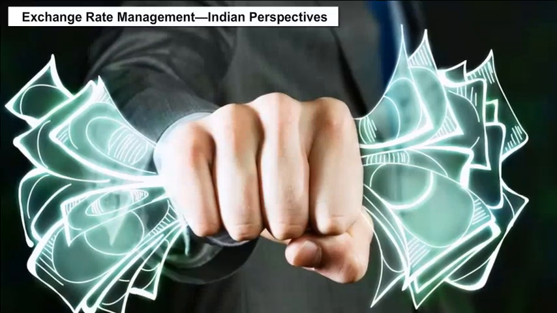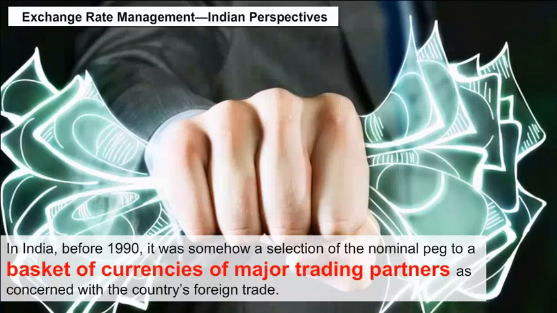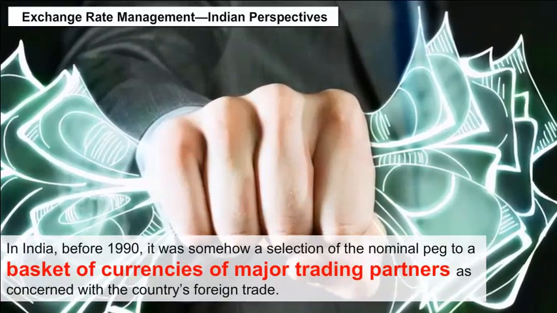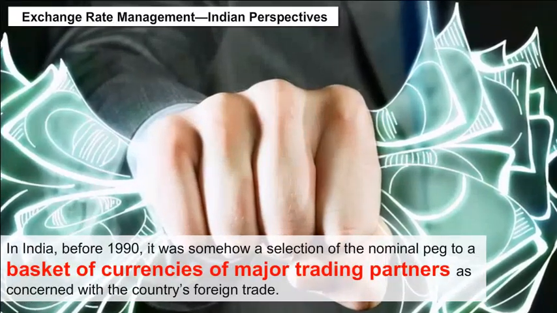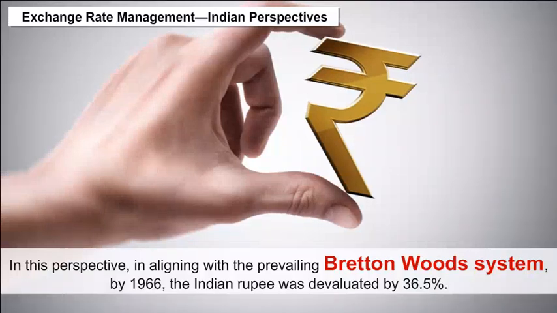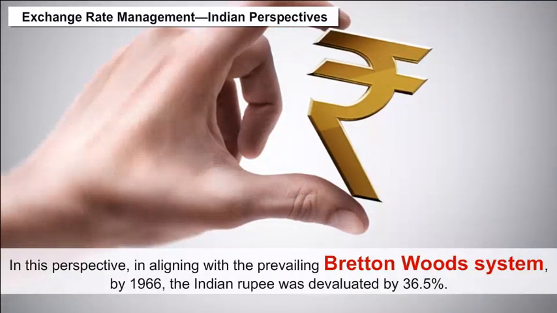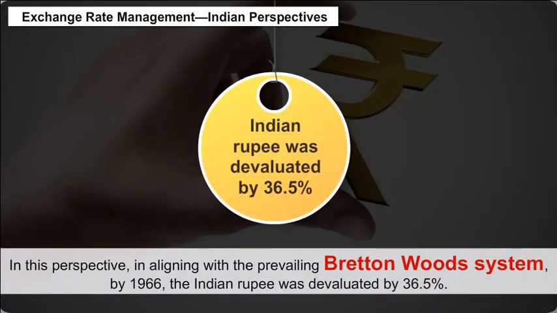Exchange rate management. Indian perspectives. In India, before 1990, it was somewhat a selection of the nominal peg to a basket of currencies of major trading partners as concerned with the country's foreign trade. In aligning with the prevailing Bretton Woods system, by 1966, the Indian rupee was devalued by 36.5%.